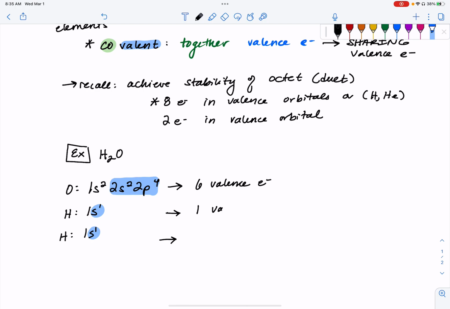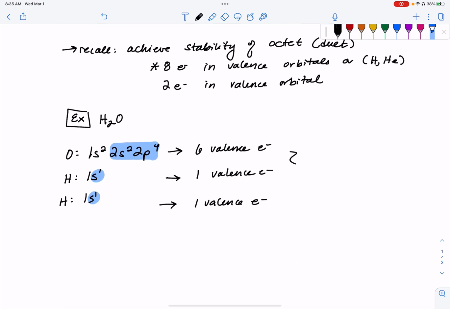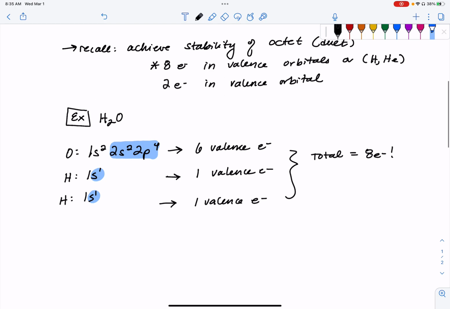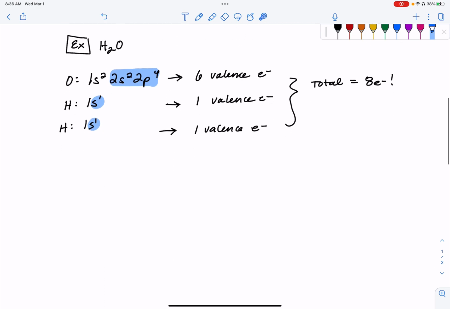So each hydrogen has one valence electron. And notice if you were to sum all these up, their total is 8 electrons, meaning that somehow this oxygen can share electrons with hydrogen to achieve octet. And in doing the sharing, these hydrogens would each fulfill their duet.